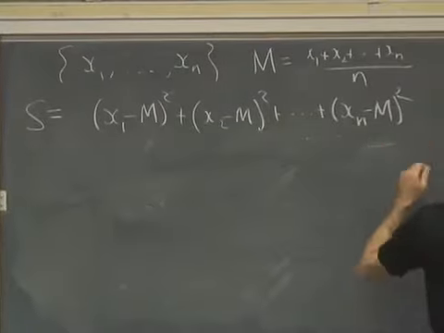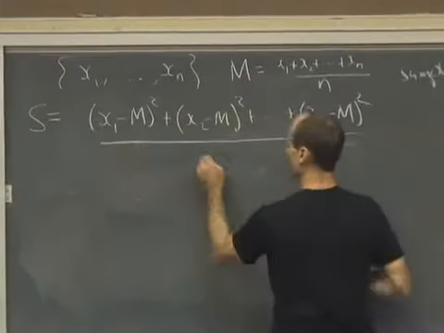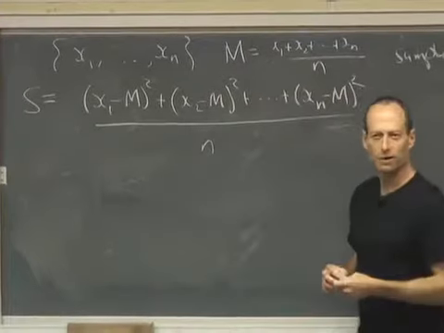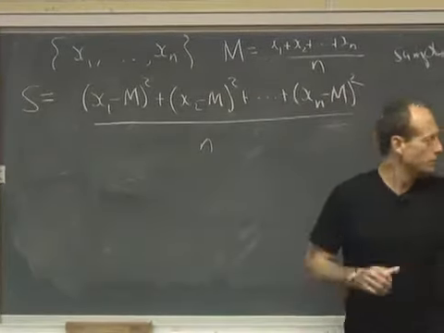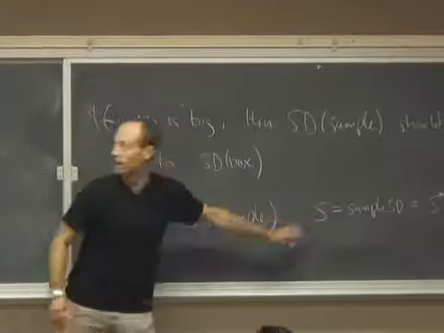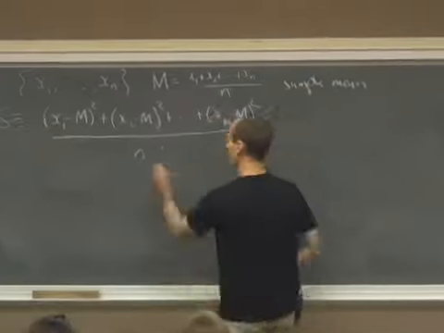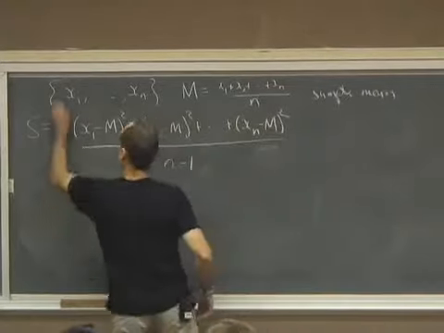If we were taking the ordinary SD, we would divide this by n to find the mean of the squares, and then take the square root. The difference between S star and S is that with S, instead of dividing by n, we divide by n minus 1, and then we take the square root of the result.